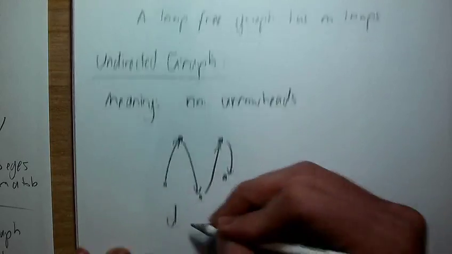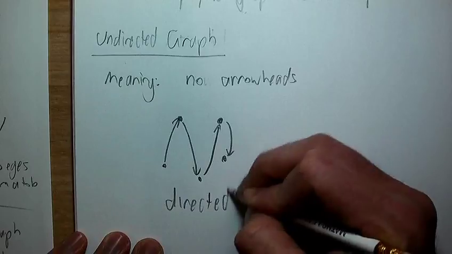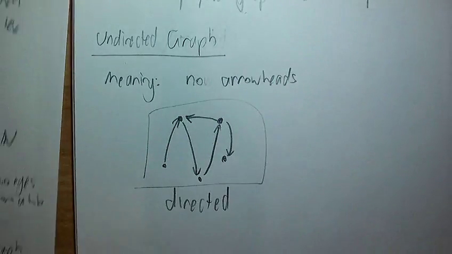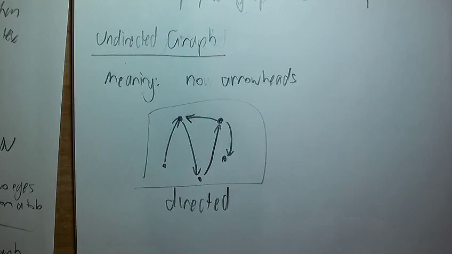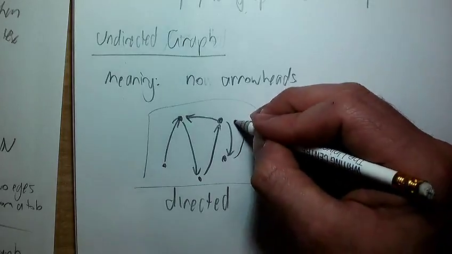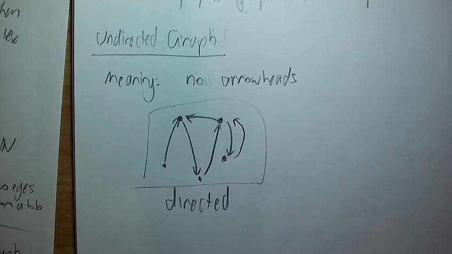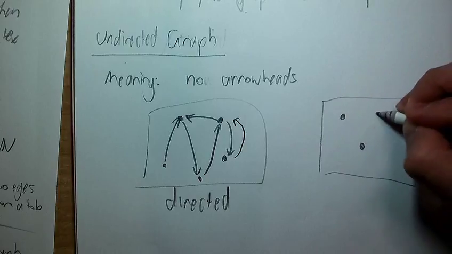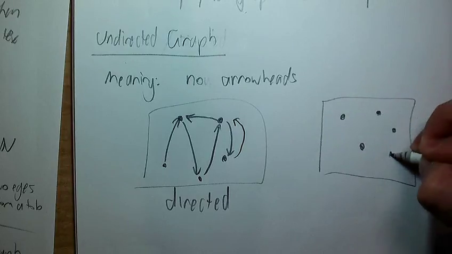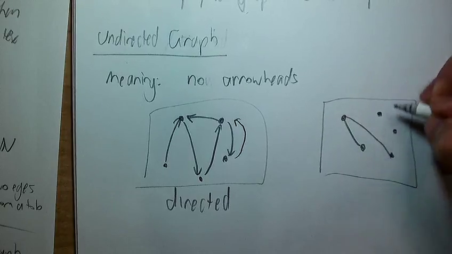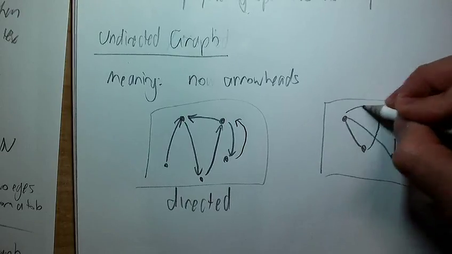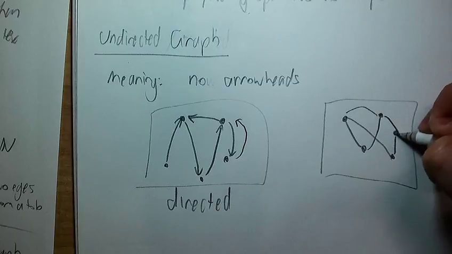This one is directed because it matters which direction you go from one to another, and it's possible to have ones that go one way or the other. That's a directed graph, whereas an undirected graph has no arrowheads on its edges. Something like that.